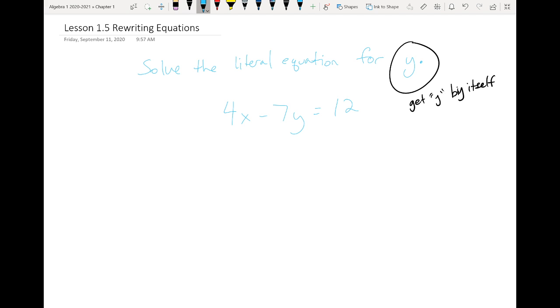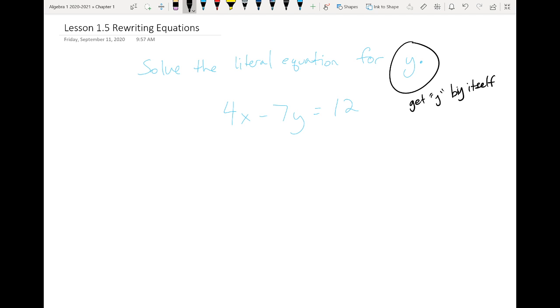Now, the challenge here is to look at this equation and say, well, what's being done to y? Well, it's being multiplied by -7. Also, there's this term 4x, which you're subtracting 7y from, or effectively you could also consider it's being added to that right side.